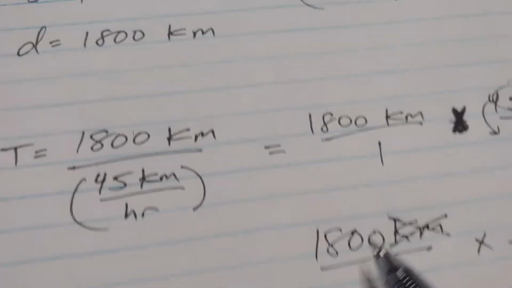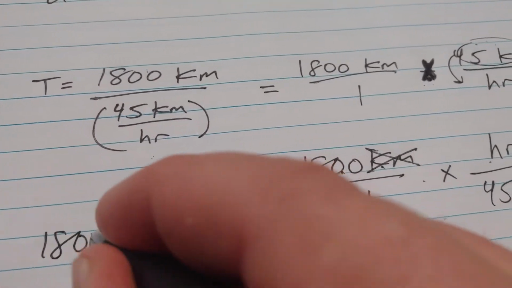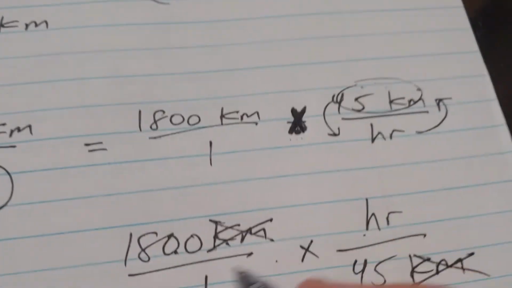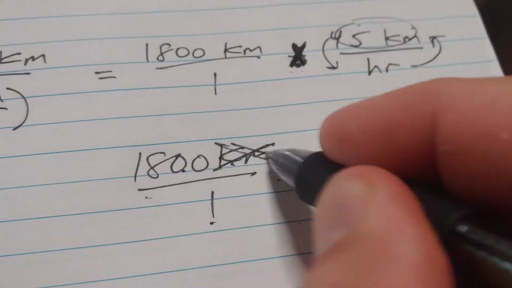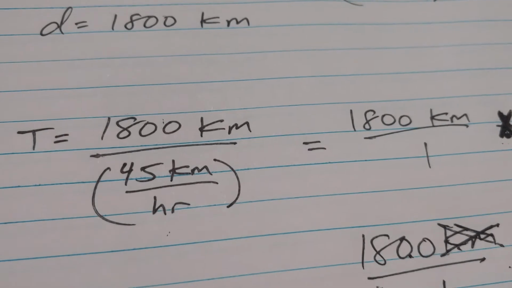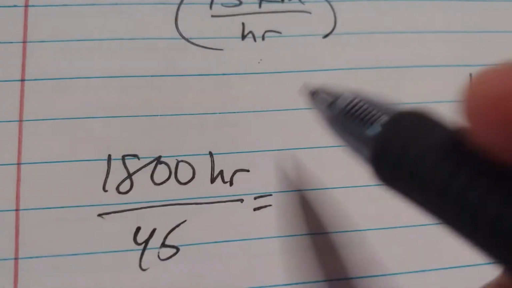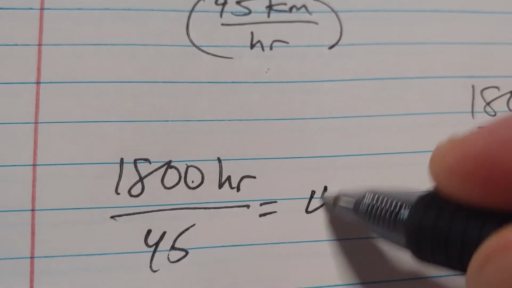What you're left with is, I'll write it right here, 1,800 times hour gives you 1,800 hours divided by 1 times 45, not kilometers, because remember, we crossed out kilometers. Kilometers went bye-bye. 1 times 45 is 45. Put that in the calculator. 1,800 divided by 45, I believe it's 40.